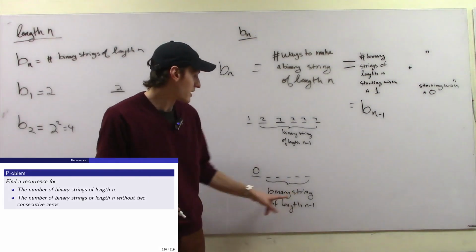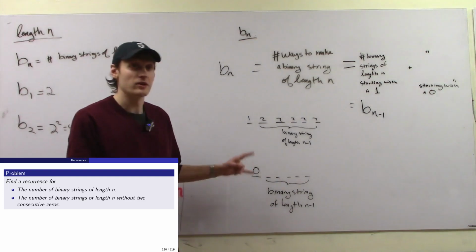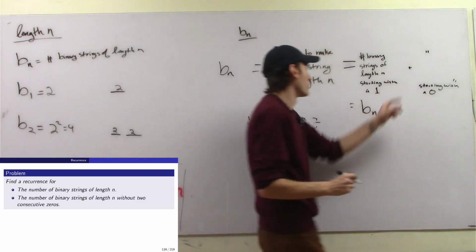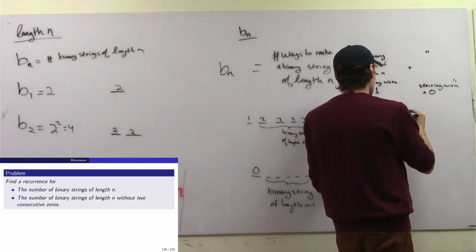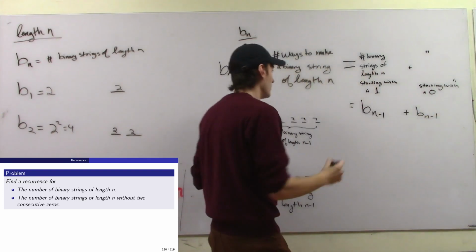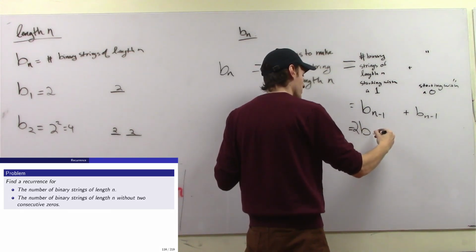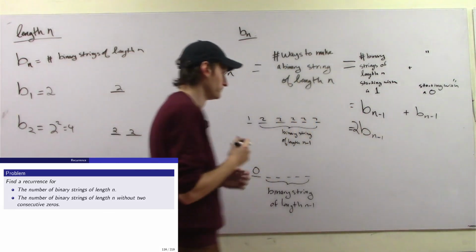So how many ways can I fill out a binary string of length n minus 1? That's b sub n minus 1, and I chunk a 0 on the front. So this number of binary strings satisfying this condition should be b sub n minus 1 as well, which gives 2 times b sub n minus 1.